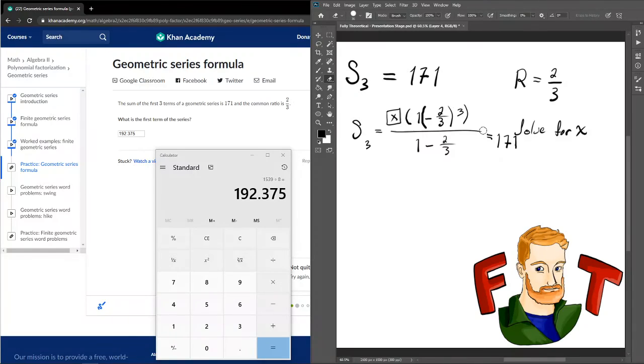Negative 2/3 cubed would be that same. Wait, no. This canceled out because I multiplied times 3. This is 1/3, which is multiplying times 3.